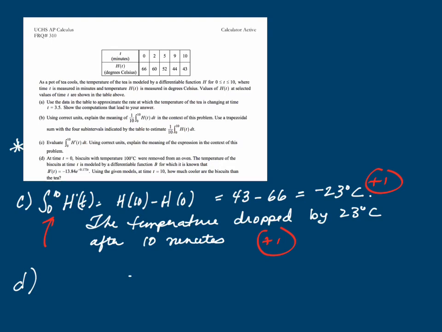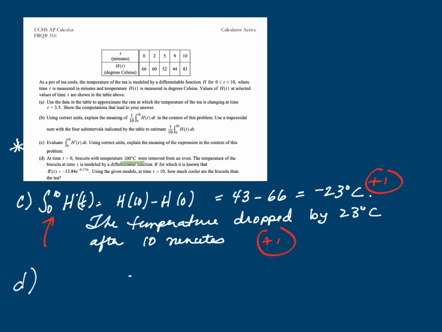So, of course, then they give you a function, okay? They say, oh, then we got biscuits, and they start out at temperature 100, so we have an initial amount. Make sure you see that. That wasn't given there for nothing. And they were removed from the oven. The temperature of the biscuits is modeled by this function, b prime of t, where the derivative is negative 13.84, blah, blah, blah.